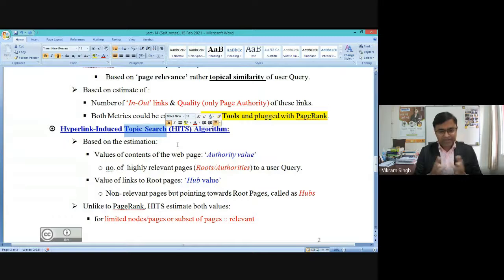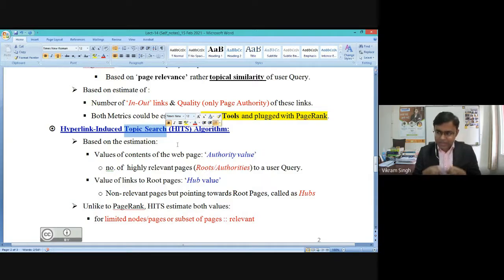All the pages where this topic or query keyword appears are called authority or authoritative pages, or root pages. Suppose for a user query 100 pages have been retrieved, and out of these 100, 20 or maybe 30 have a direct presence of the user keywords or topics inside them.